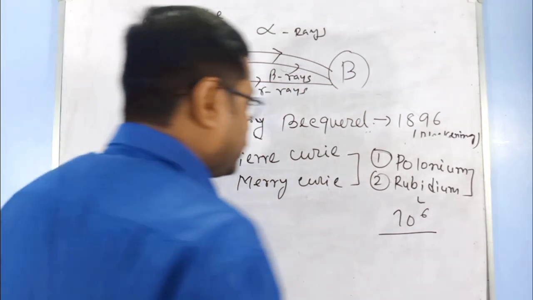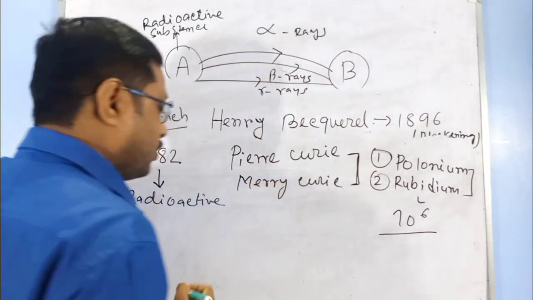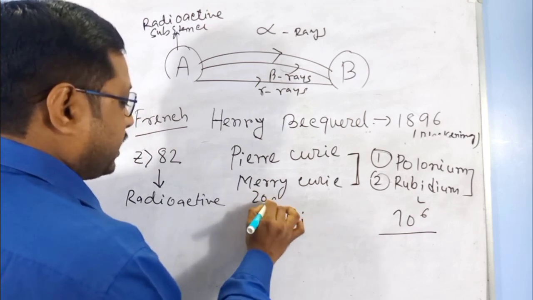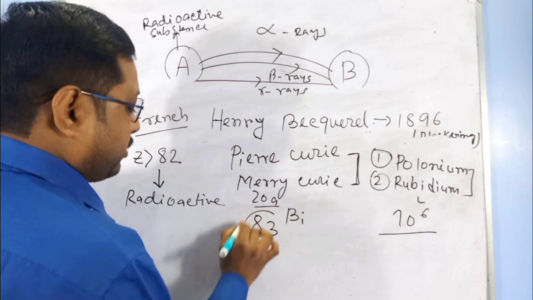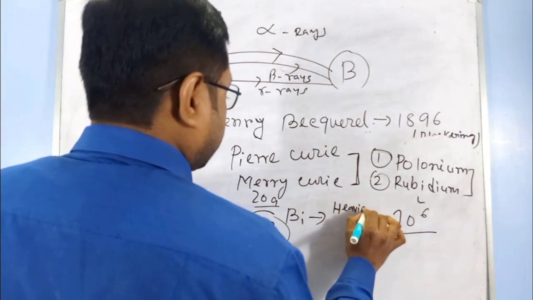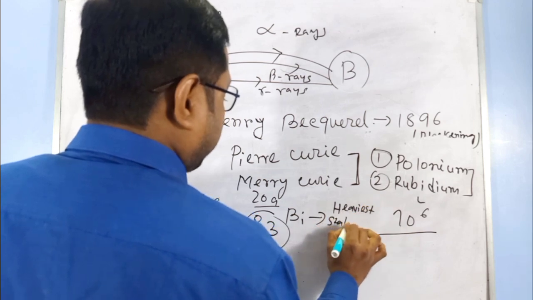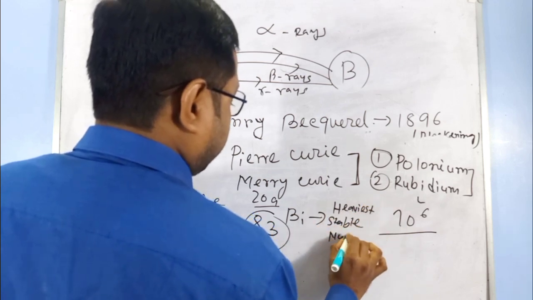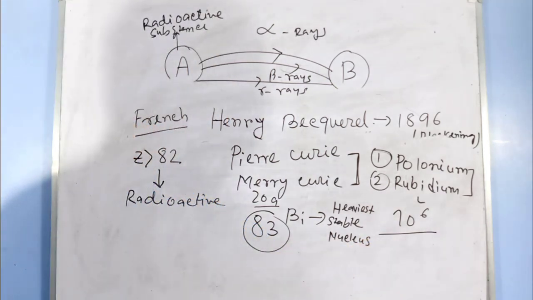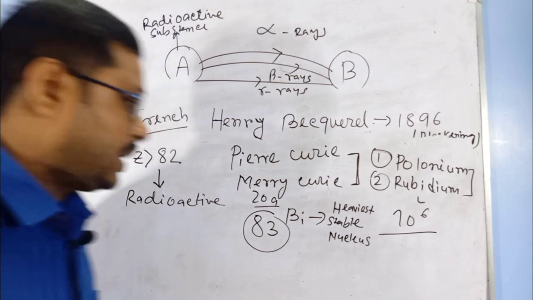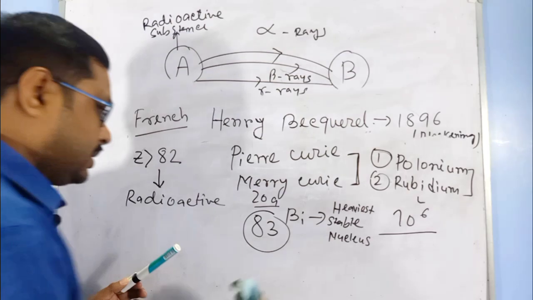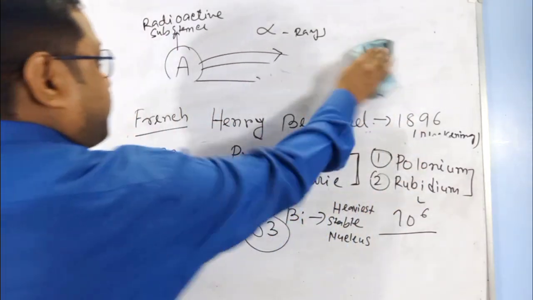The heaviest stable nucleus is bismuth-209, with mass number 209 and atomic number 83, and after this all nuclei become radioactive. Okay, so this is the small history of the discovery of the phenomenon of radioactivity.